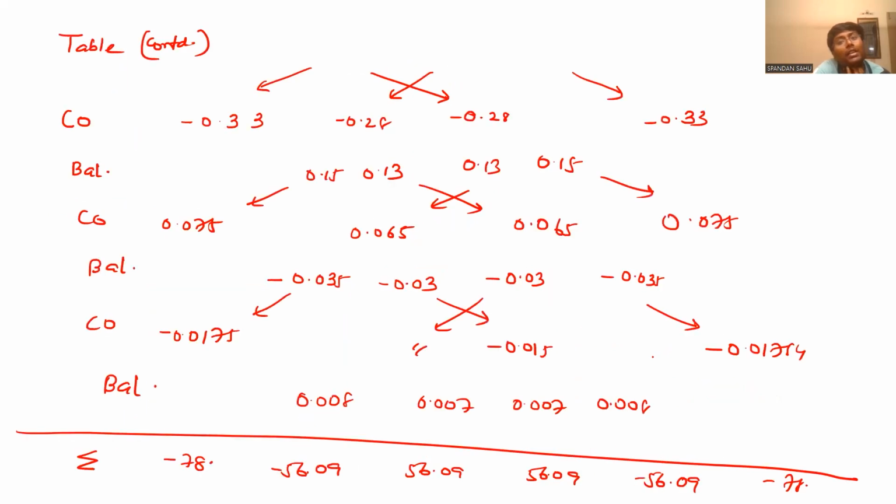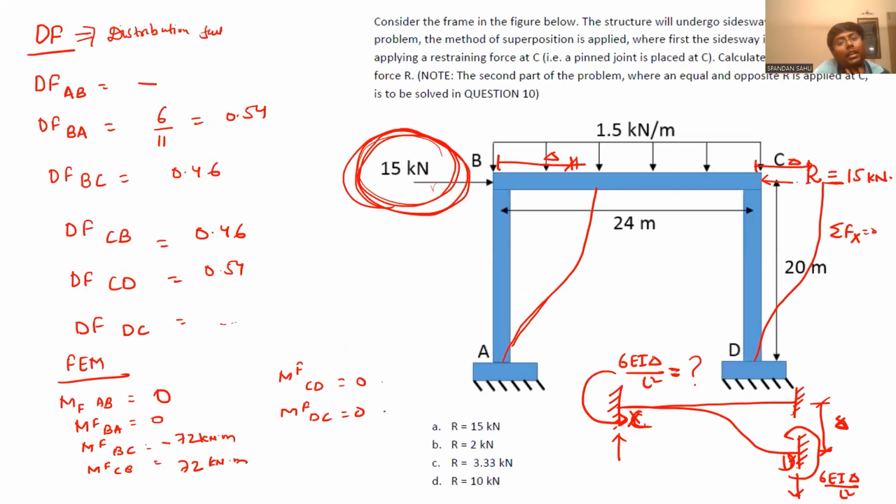That is not an assumption. You will get that now. There is a derivation for 6 delta by L square. But my point is, if they ask what is the value of delta, how much settlement in millimeter or centimeter, then how to determine the delta value?